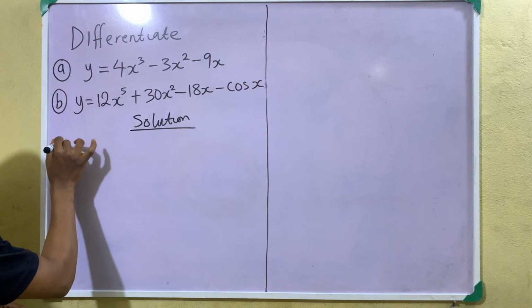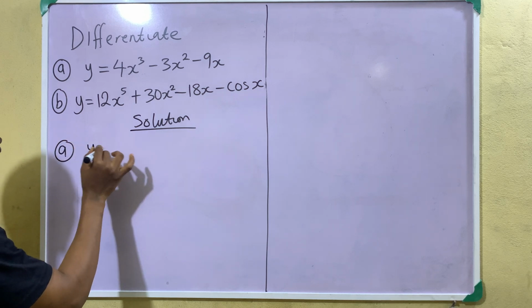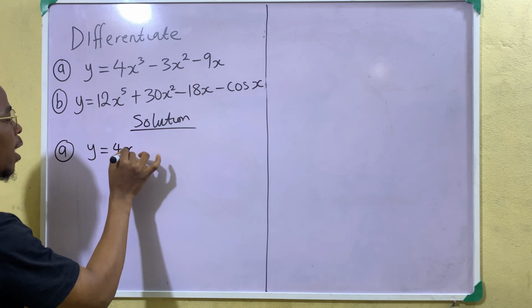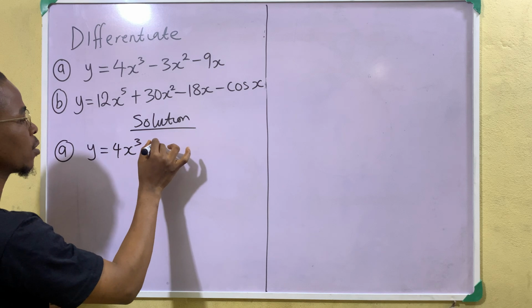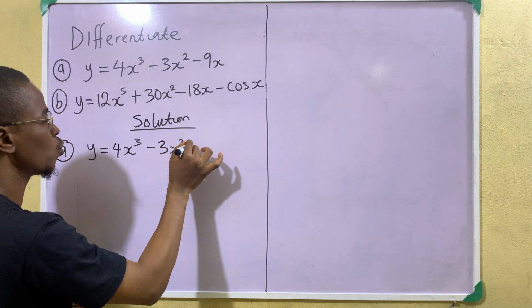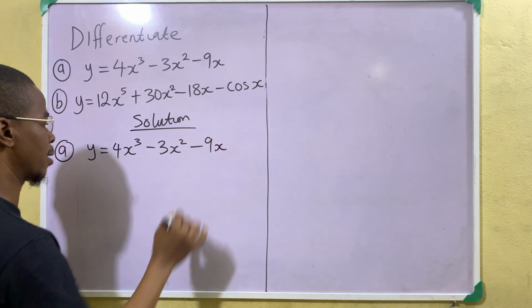we want to solve for a now. Our function given to us was y equal to 4x raised to the power 3 minus 3x raised to the power 2 minus 9x.